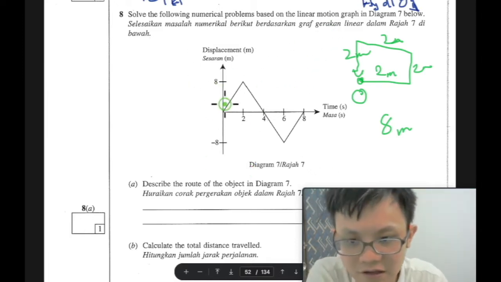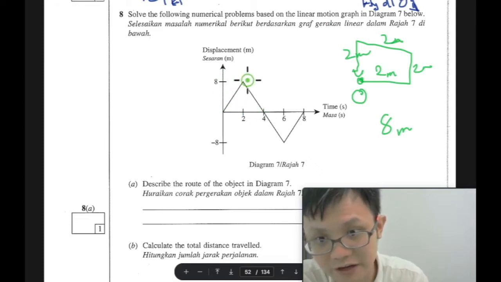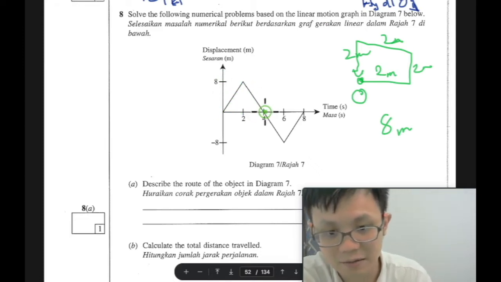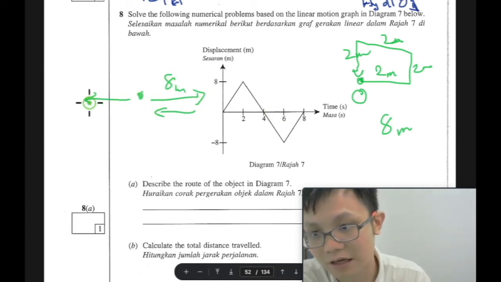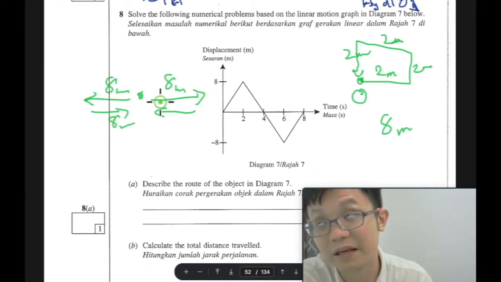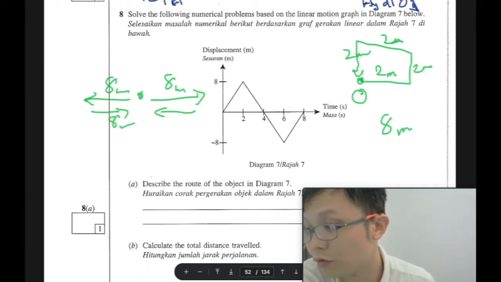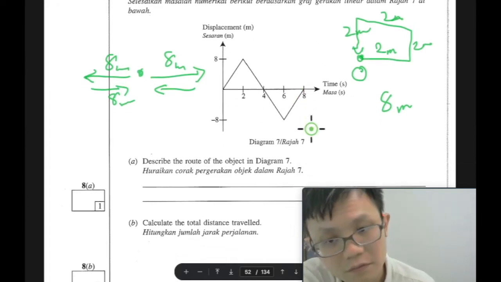Anyway, the summary that we can see from the graph: the person goes to somewhere 8 meter, comes back. So maybe he goes here 8 meter, comes back, goes here 8 meter, comes back. So total distance will be 8 times 4, 32 meter, but the displacement is 0.